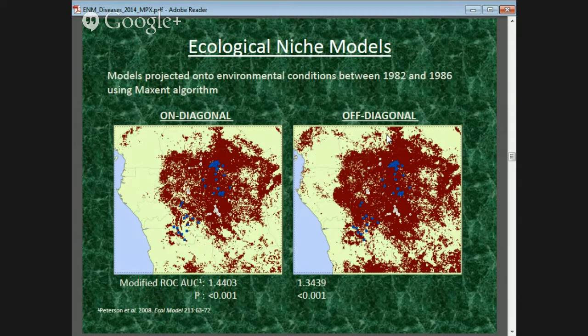So we ran the models, and you see that both on diagonal and off diagonal, both databases created models that predict. The one on the left was trained with the circle dots and evaluated with the blue squares.